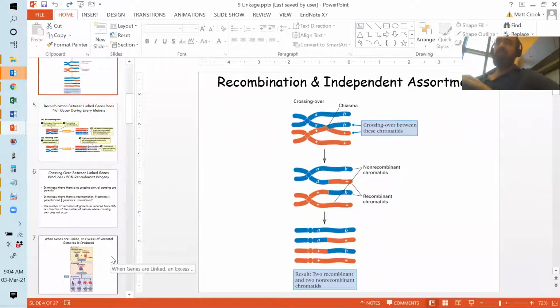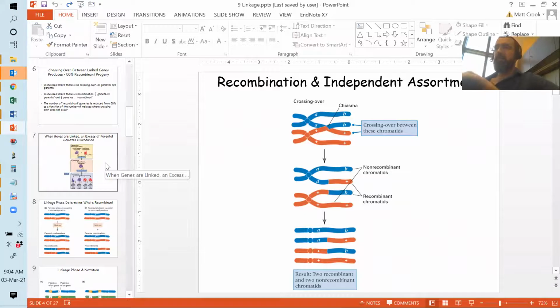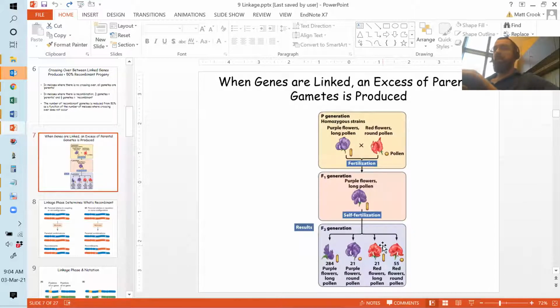The other is a tool for us. We can actually use this to figure out how far apart genes or loci are on chromosomes. So again, I can't emphasize this enough.